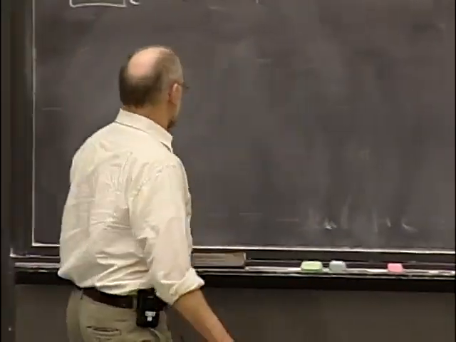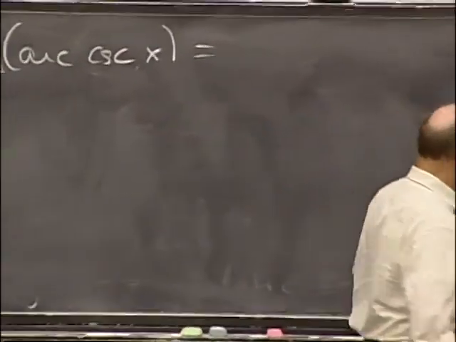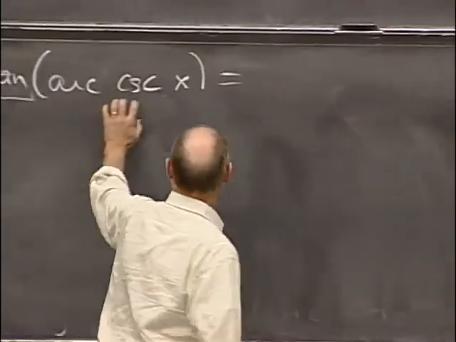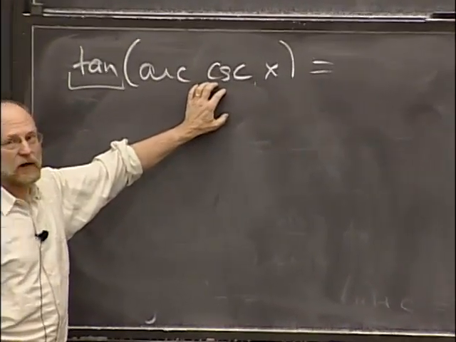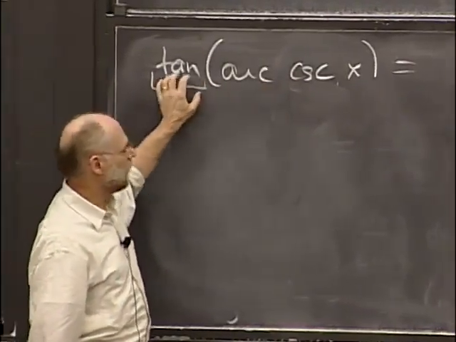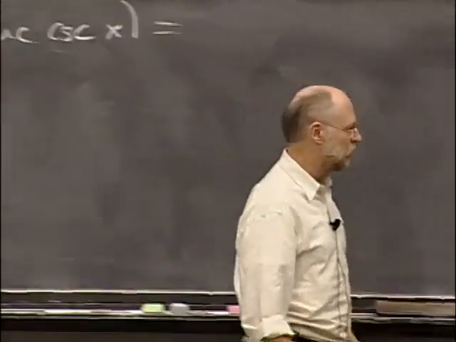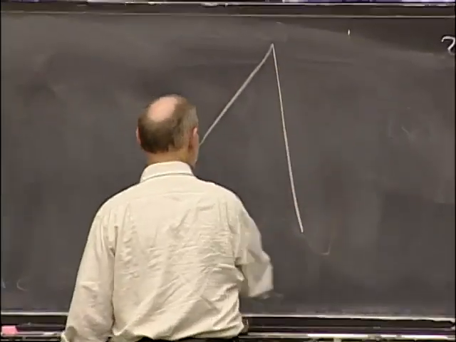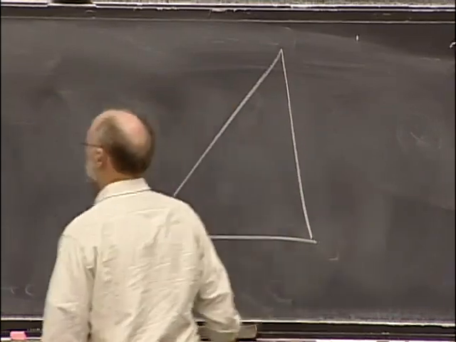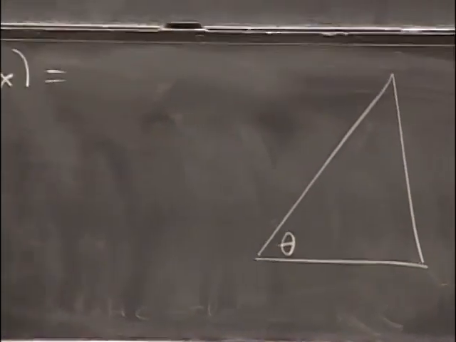Okay, so let's try to do this. Say I undo a trig substitution that involved a cosecant, and I manipulate around and find myself trying to find out the tangent of theta. Here's how we go about it. I draw this triangle. Theta is the angle here.